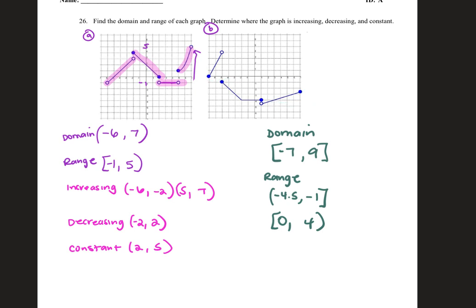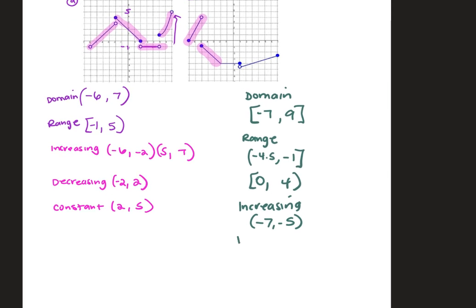And then you're increasing, decreasing. It starts increasing from -7 to -5. Then drops to decreasing from -5 to -2. Then it becomes constant.